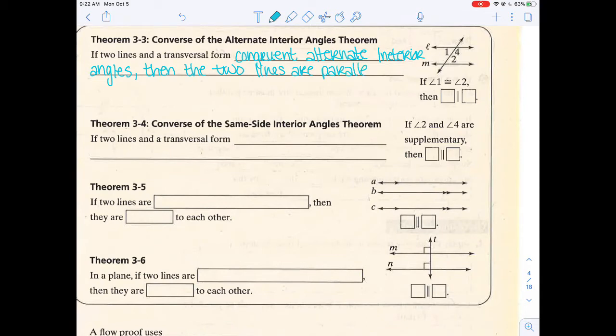So it's kind of like working in reverse of what we were doing before. So here in this example, 1 and 2 are congruent, so lines L and M are parallel.